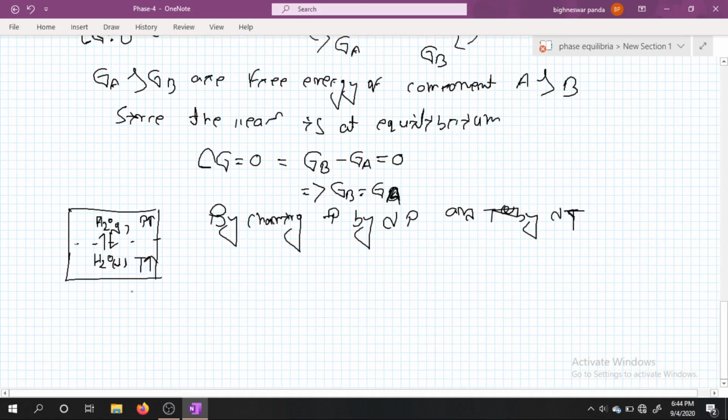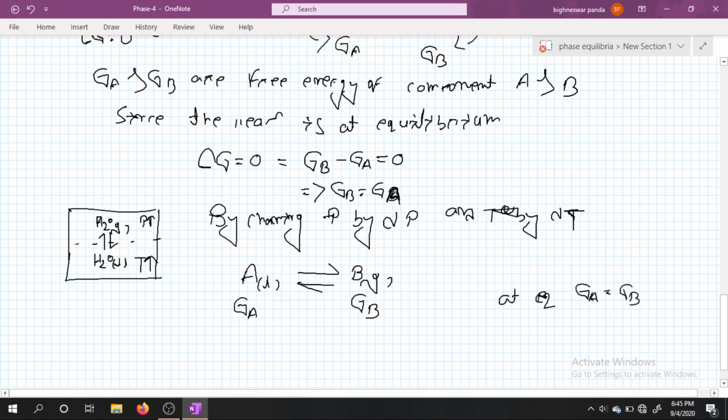So initially we have this equilibrium, A liquid gives rise to B gas. Initially the free energies are GA, GB, and at equilibrium GA is equal to GB. But by changing pressure by dP and temperature by dT, the equilibrium will be disturbed, and after some time equilibrium will be established again. So there is a change in free energy also.